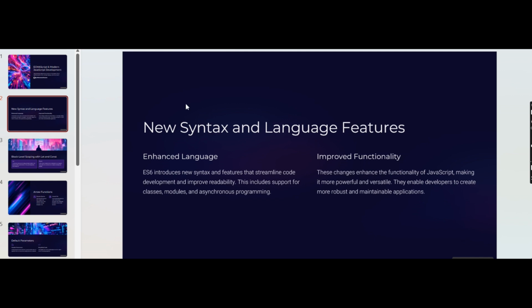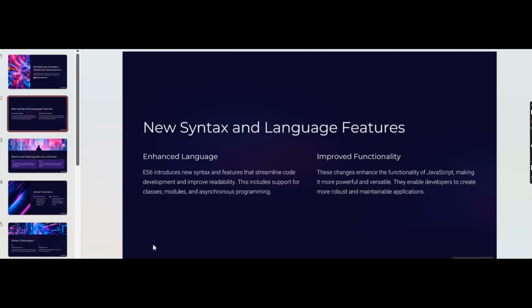What did ECMAScript basically give to developers? Its new ecosystem contains new syntax and language features. Now, the enhanced language: ECMAScript 6 introduced new syntax and features that streamline code development and improve readability.